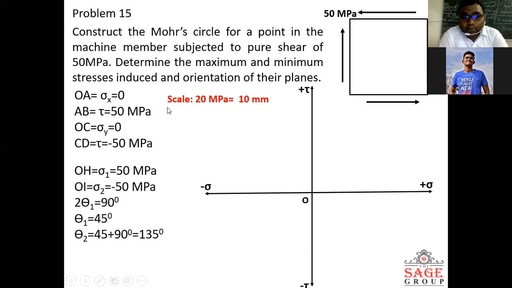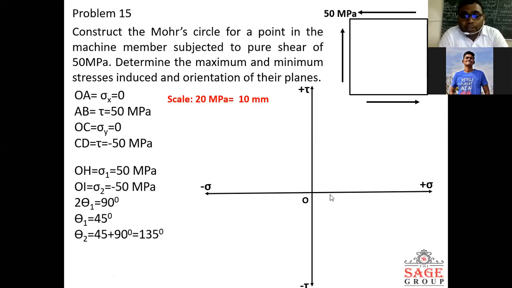Then the next step: we have to take some scale. In this numerical also we have taken the scale of 20 megapascal equal to 10 mm, or 1 centimeter. We know that sigma x and sigma y are both zero.